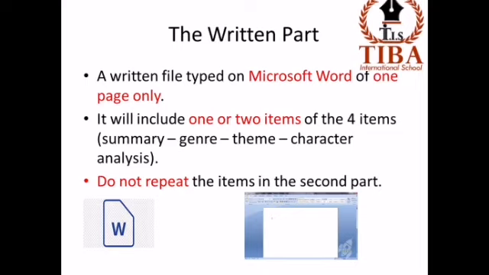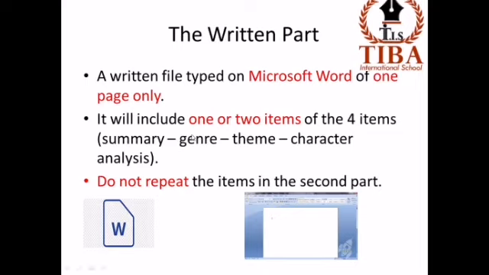Take the other 2 items and explain them in the other part, in the audio or the video part. But if you wrote 1 paragraph and there is a space to write the genre, do it. Okay, but just write 1 page only to tell me about the summary and the genre of the story, for example.